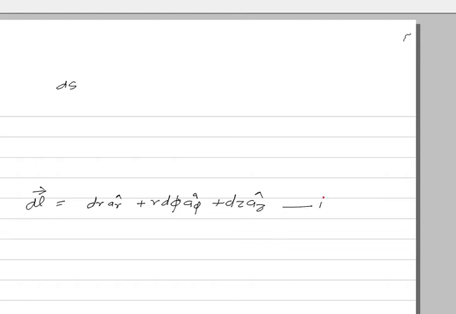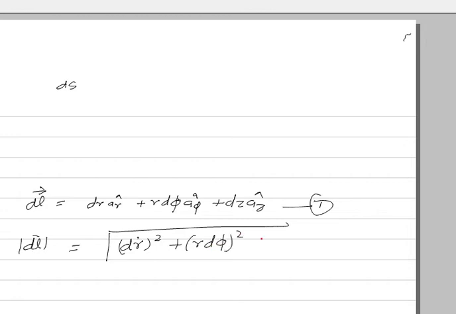This is equation 1. And if you want to calculate the magnitude of this vector, dl equals under root dr square plus r d phi square plus dz square.